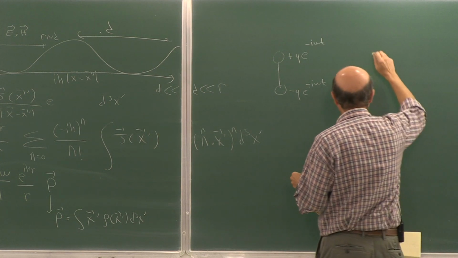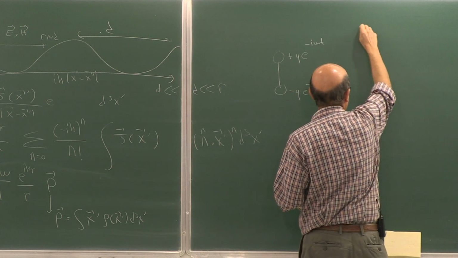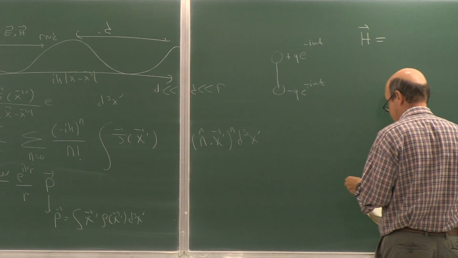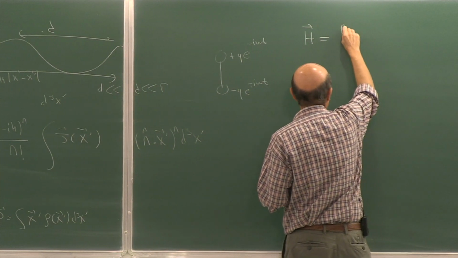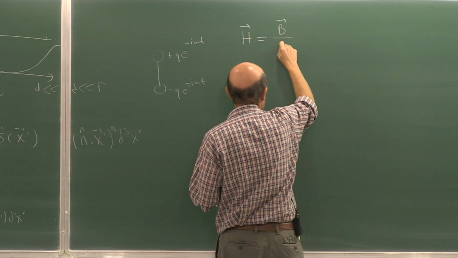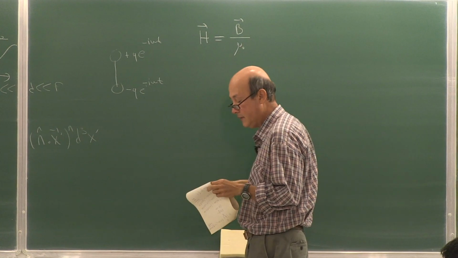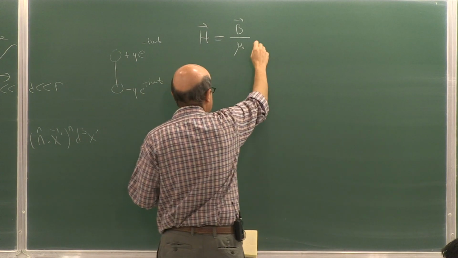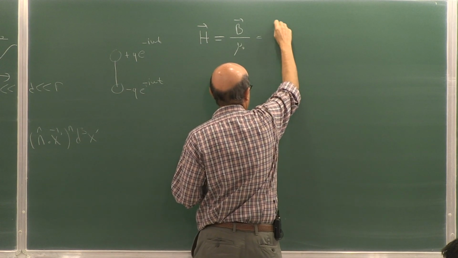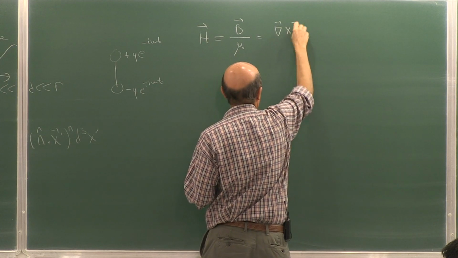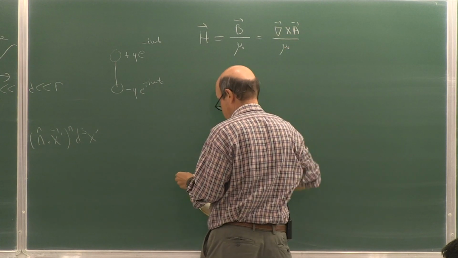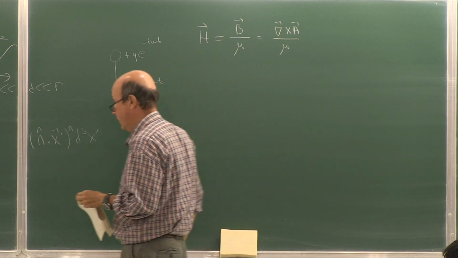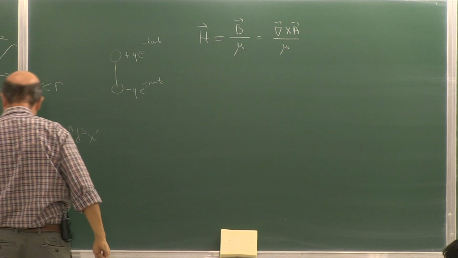So let us start to calculate the H. The calculation of H is easy, but the calculation of the electric field is a little bit handy. So H is equal to the curl of A over mu 0. And what is our vector potential A?